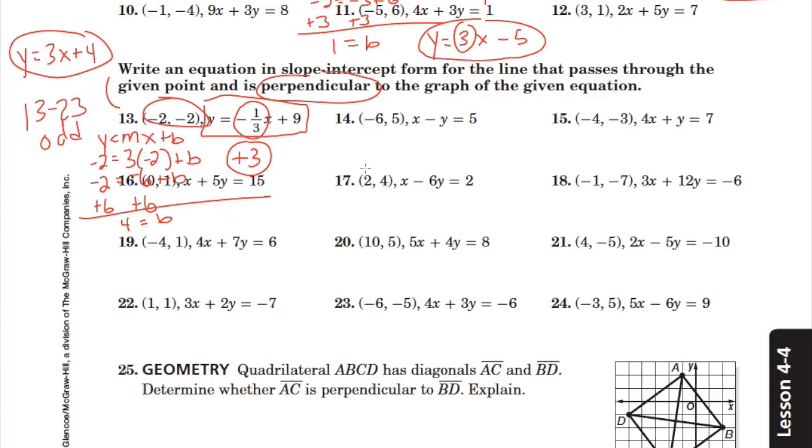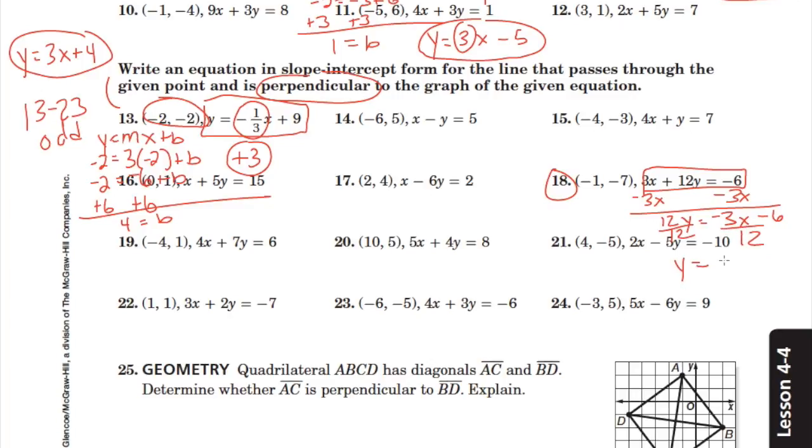Let's do another one. Number 18 gives us an equation in standard form. So the first thing we're going to do is get that into slope-intercept by subtracting 3x from both sides. We get 12y equals -3x minus 6. Divide by 12, divide by 12.